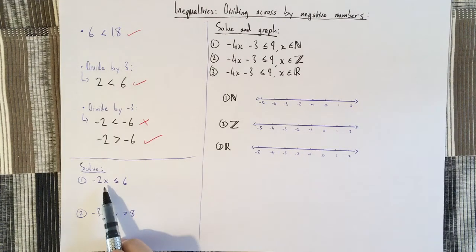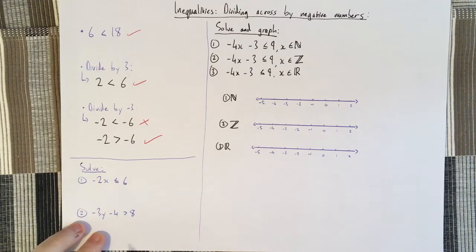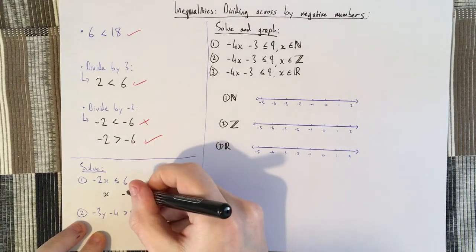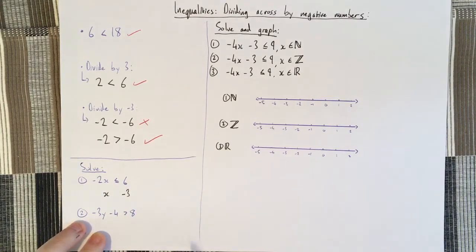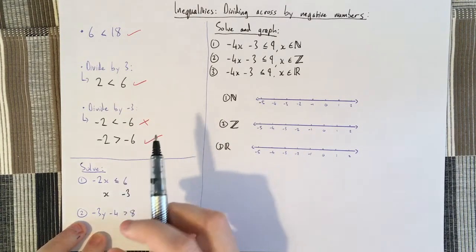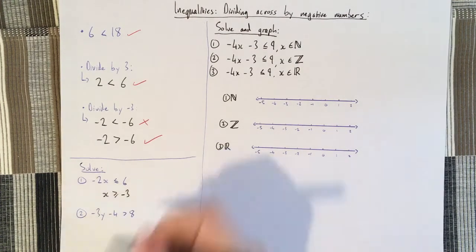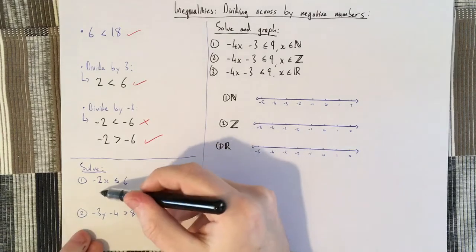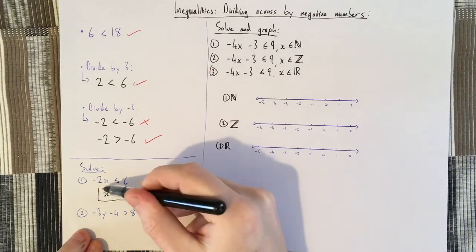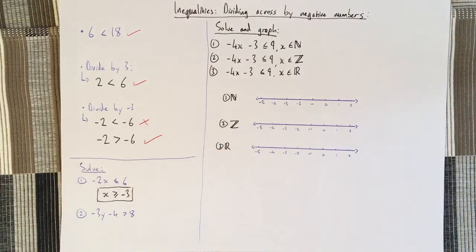That gives me x on the left hand side. 6 divided by minus 2 is minus 3, and because I divided both sides by a negative number, I need to flip that inequality, and a less than or equal to is going to become a greater than or equal to. So my solution for that inequality is x is greater than or equal to minus 3.